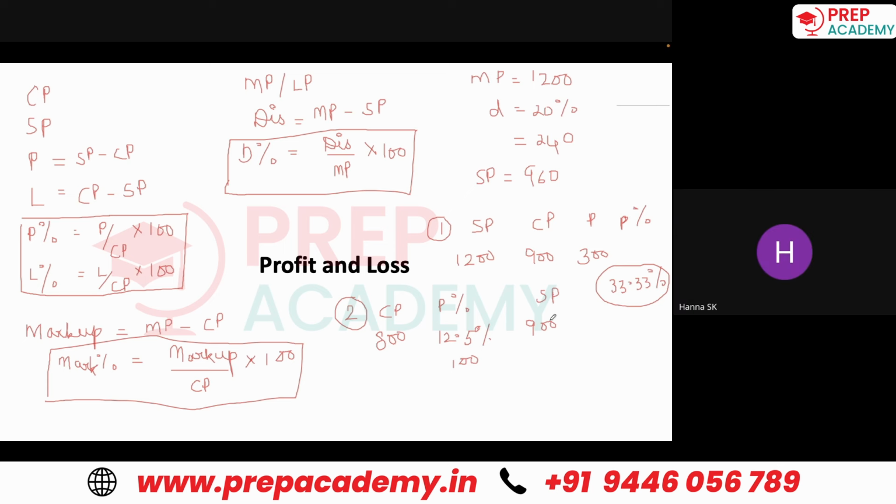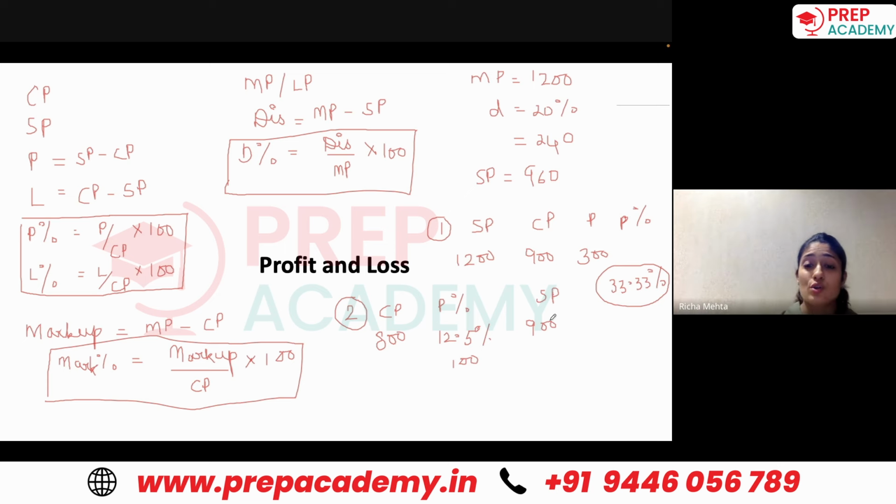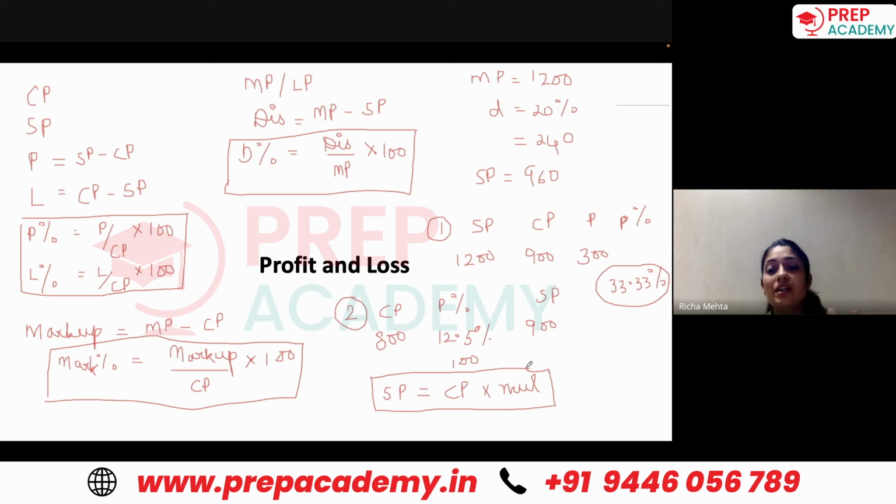Okay. You can also look at it as a multiplier method. So basically, your multiplier method says that your selling price is nothing but your cost price into the multiplier. Do you remember the multiplier method we did in percentage? Now, how do you find the multiplier? If it's a profit, my multiplier will be 1 plus the fraction.